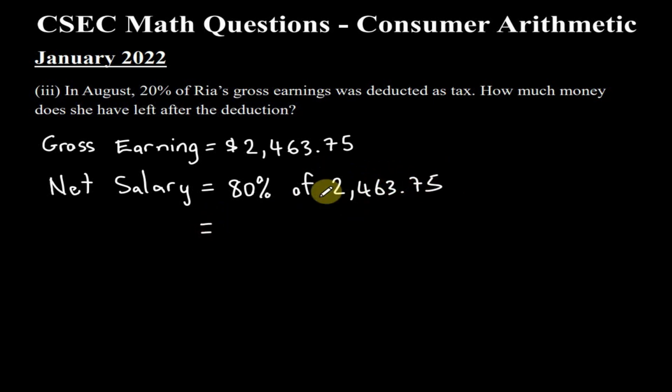So let's see what this is. So 80% is the same thing as 80 out of 100, "of" means multiplication, times the $2,463.75. And let's see what we'll get here.